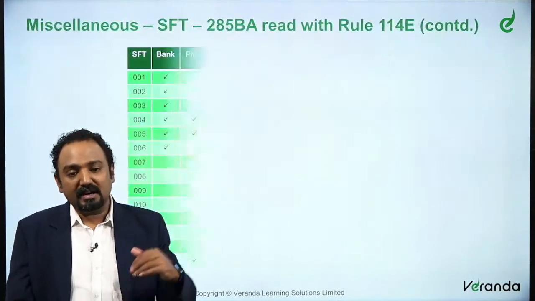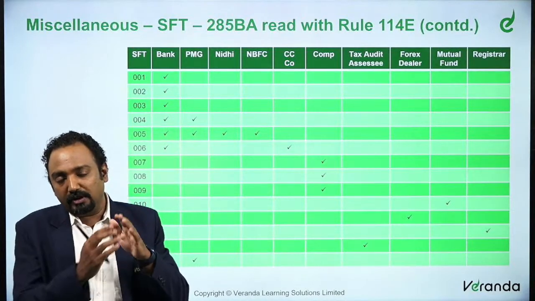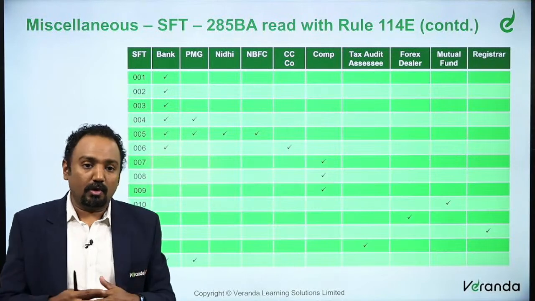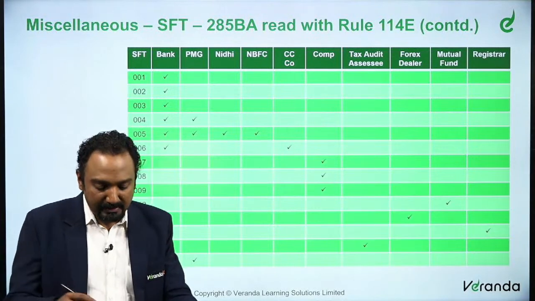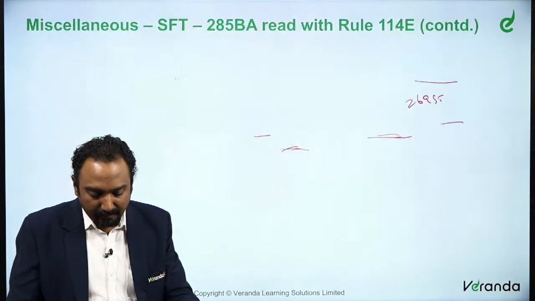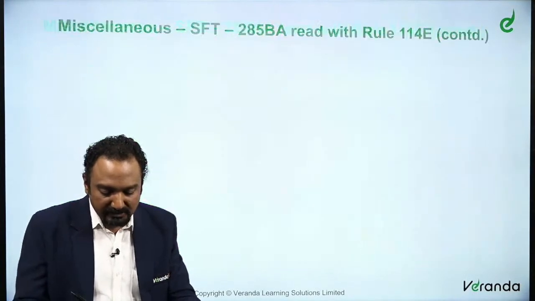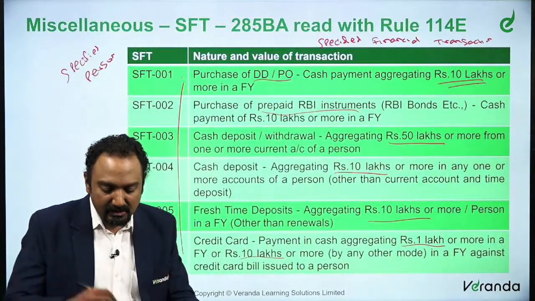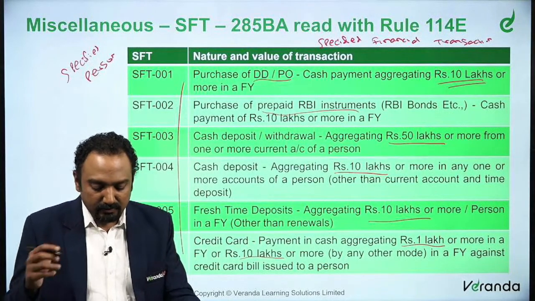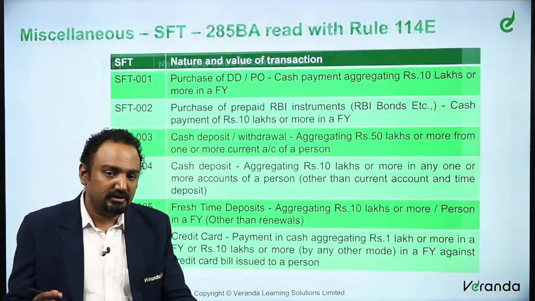Now we know what transactions need to be reported, and we need to understand who has to report what. For example, let us take the first 6 transactions we saw earlier. These 6 should be reported by the bank: purchase of DD, payment of prepaid RBI, cash deposit, withdrawal of current accounts, fresh deposits for other accounts, and credit card payment.